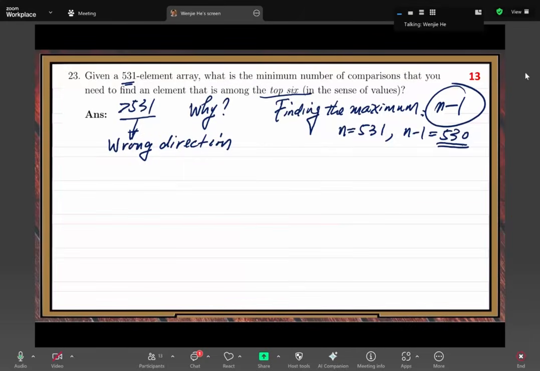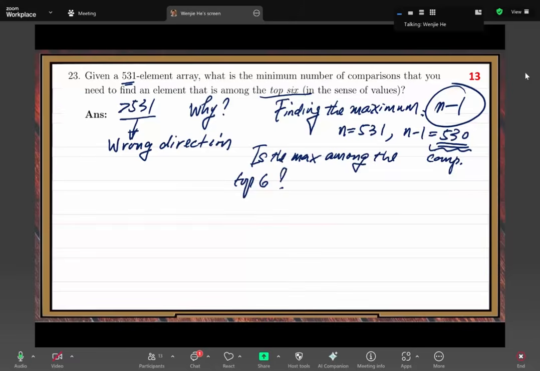The first answer you can consider: after you use 530 comparisons, you can get a maximum, right? So the question is, is the max among the top 6?